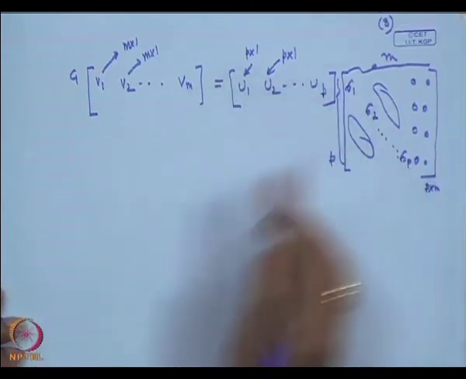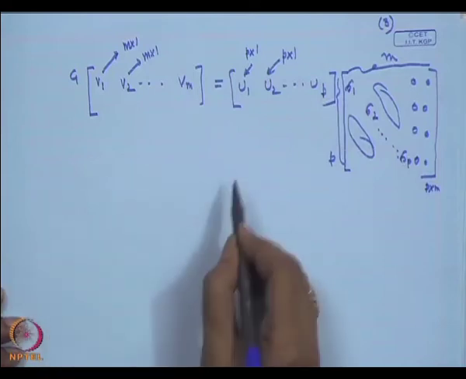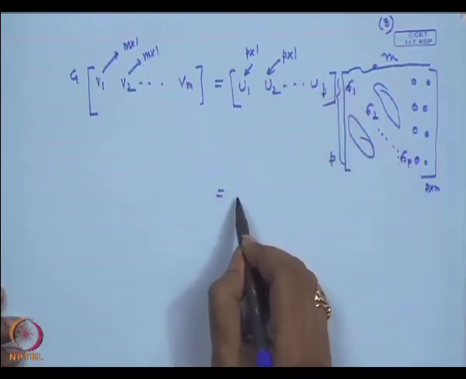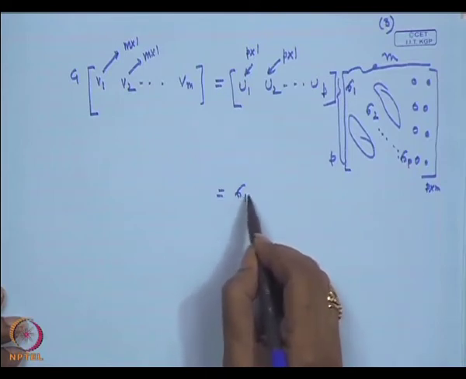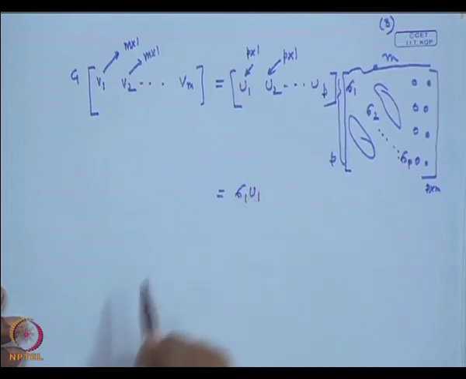Now, you multiply, what will you get on the right hand side? Sigma 1 is a scalar quantity times u 1.